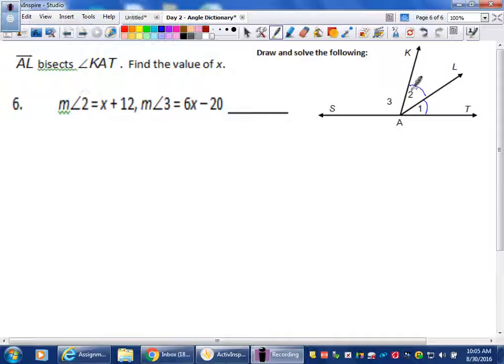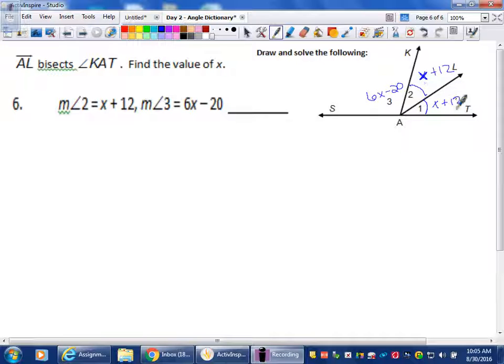They tell me angle 2 is x plus 12, and they tell me angle 3 is 6x minus 20, and they want me to solve for x. So the first thing I do is I look. Angle 2 has a congruency arc, which tells me that angle 1 is exactly the same as angle 2, so I can mark it as x plus 12.